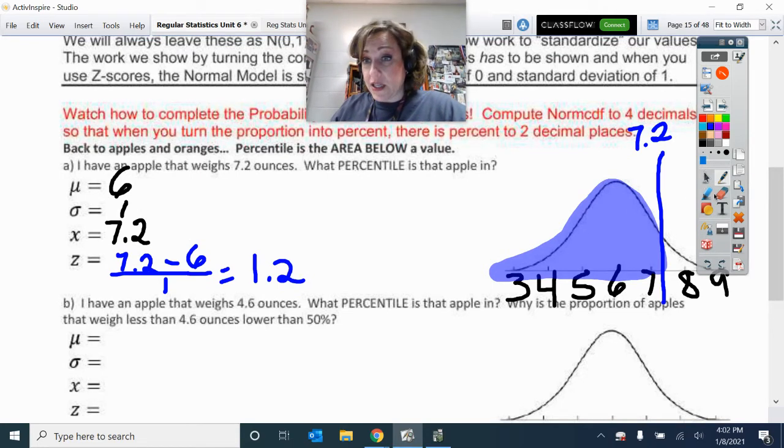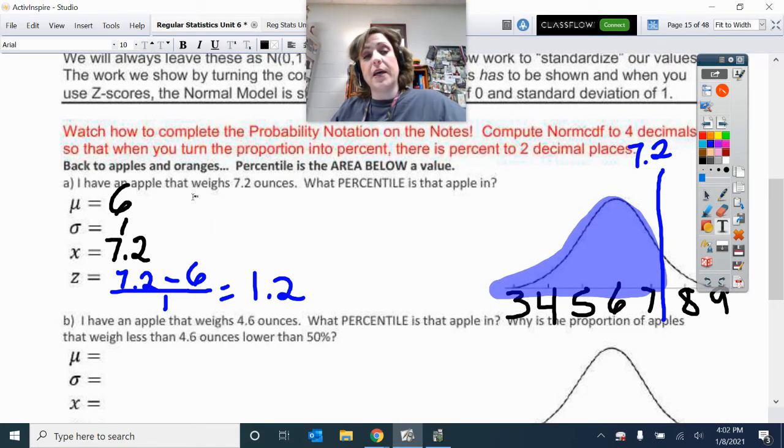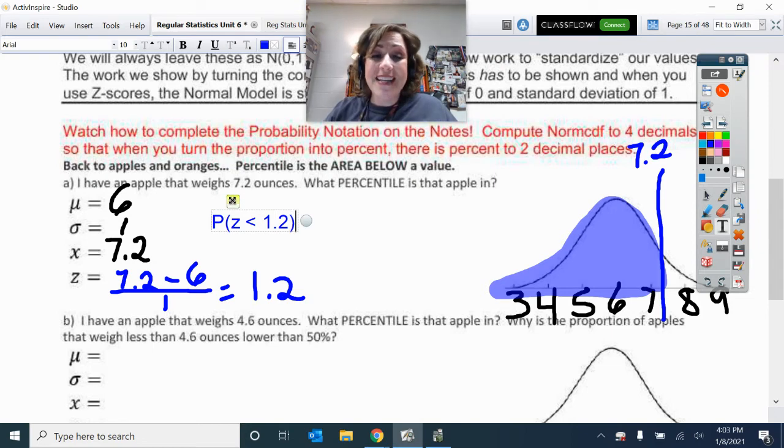Let's actually talk about the probability notation I want you to start learning. So we want to find the probability that I'm going to get a z-score less than 1.2. That is the probability notation.